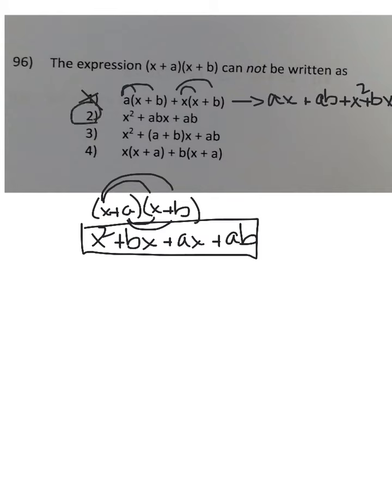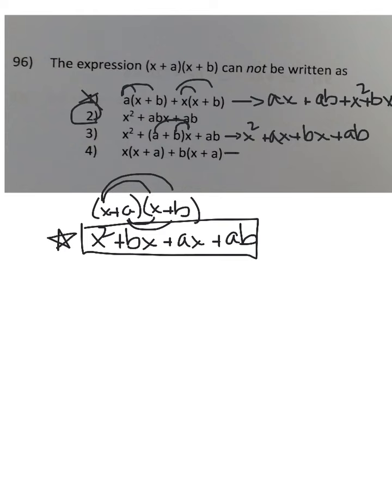Let me keep going, and let's just do the same thing here and here that I did in choice 1. So my x squared is going to stay the same. Now let me distribute that x through. I get plus ax plus bx plus ab. And that matches what I have down here in the box. Okay?